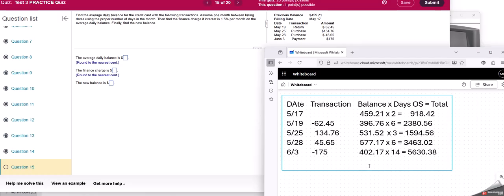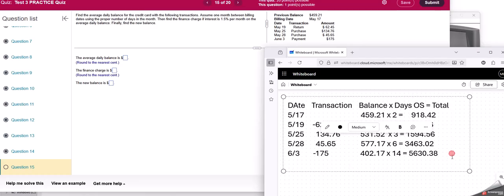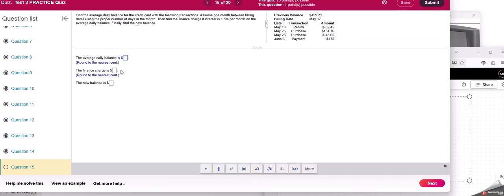So that gives me a total of $13,986.94, and then I'm going to divide that by my number of days. It's May, and there should be 31 days that we accounted for. So we're going to divide that by 31, and that gives us $451.19. And always double check that that seems like a reasonable amount, but it does. So that's our average daily balance, $451.19.